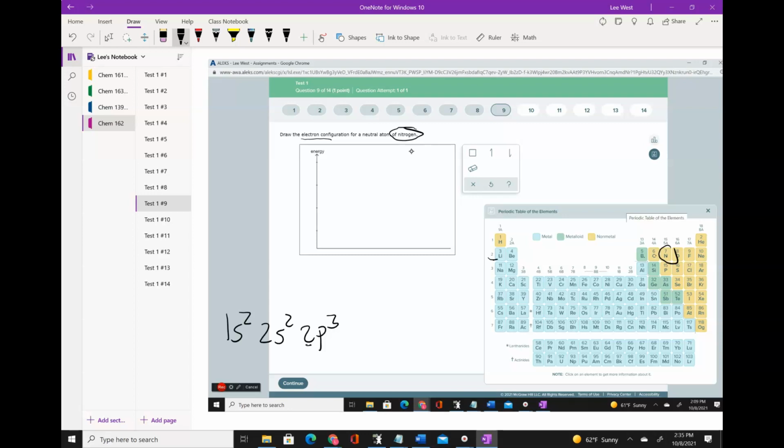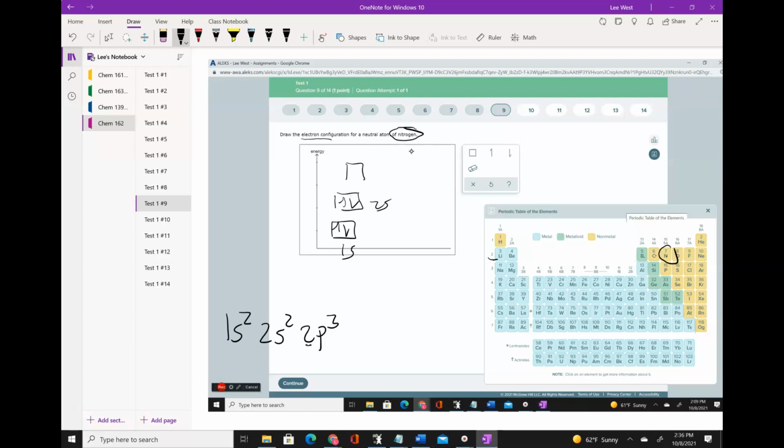Now I'm going to translate that into a diagram. I need one box indicating the 1s, and I'm going to put 2 electrons in there with opposite spins. Then I need a box at higher energy that represents the 2s, labeled appropriately, and again I'm going to put 2 electrons in there with opposite spin.